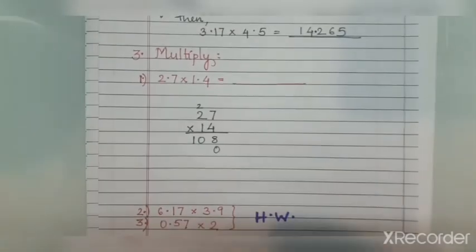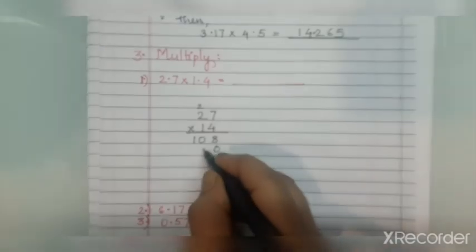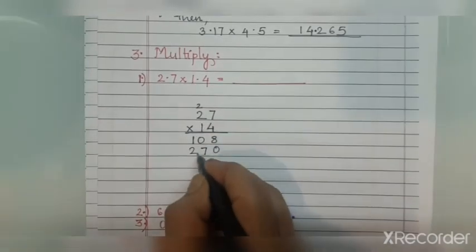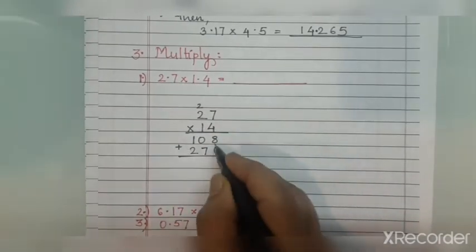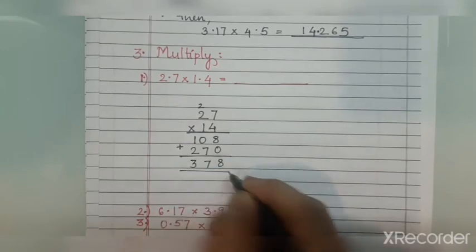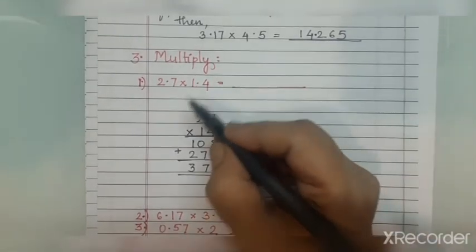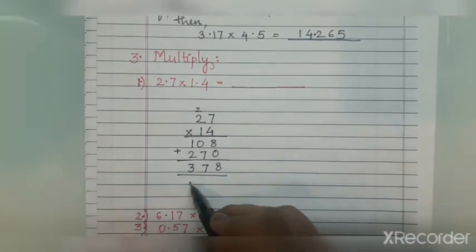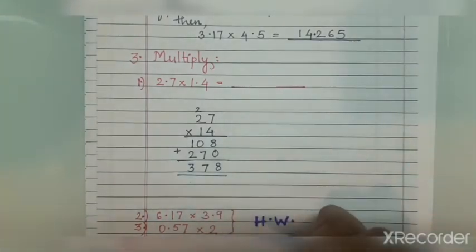Now we put a 0. 1 sevens are 7, 1 twos are 2. We have to just add: 8, then 7 and 2 plus 1 is 3. Now we have got this particular answer 378 without considering the decimal.